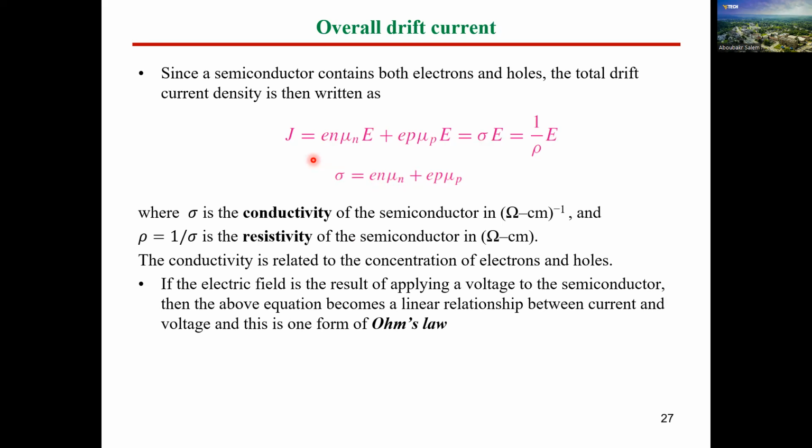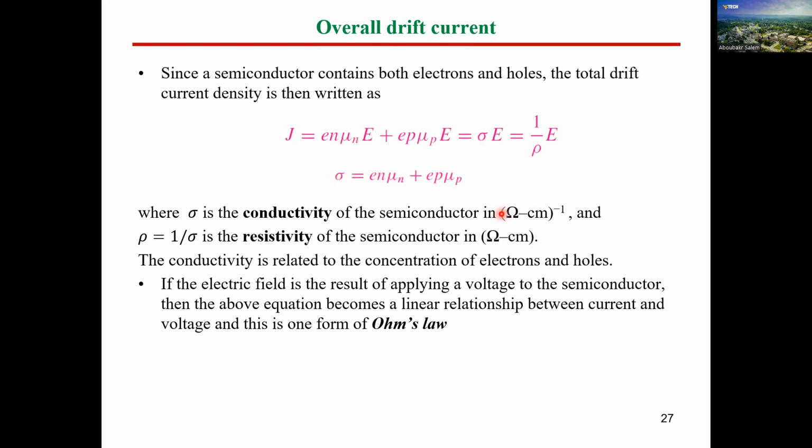So we can say this semiconductor material is a good conductor by means of the value of sigma. And sigma is measured in ohm centimeter to the power minus 1. So this is the conductivity of a semiconductor material.